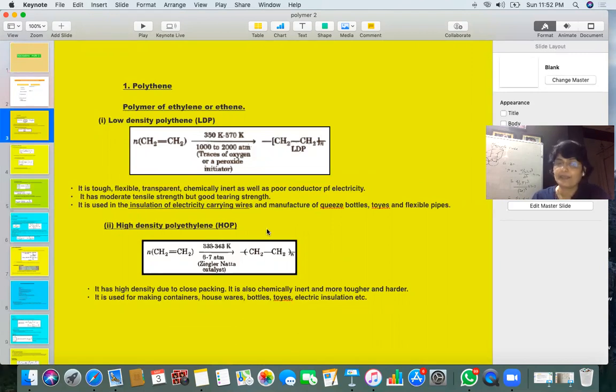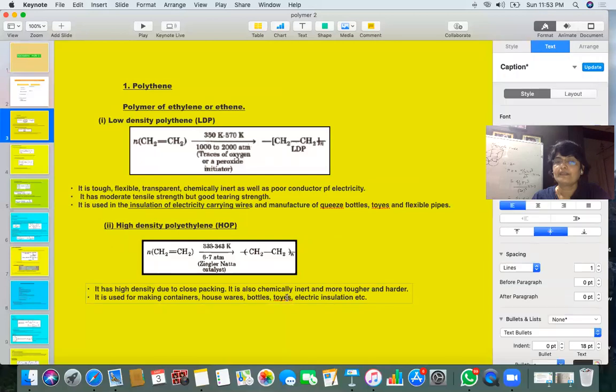Second is high density polythene. You will have to take more ethene molecules and the temperature accordingly. So when you get a question, you should know exactly how to write polymers and should be aware of all these polymer representations.